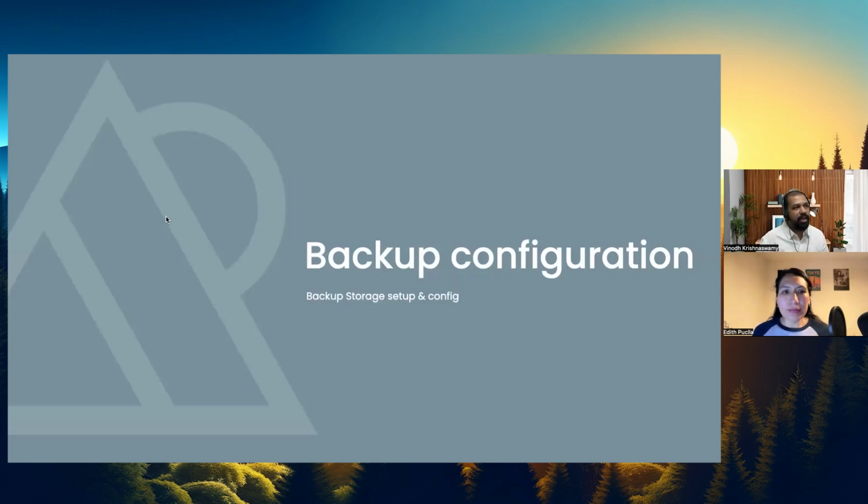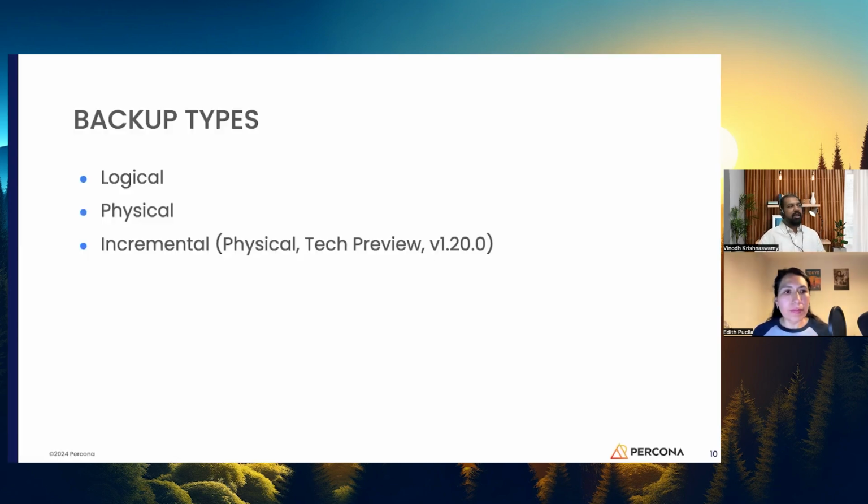Let us jump into the backup configurations. Before going into this, when you are configuring the backups for your MongoDB setup, you have to choose whether you want to go with logical backup or physical backup. Sometimes, if you have a very big data set, having a logical backup is not going to help you because the restore time will be higher.